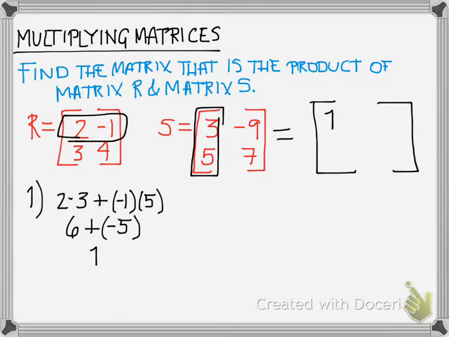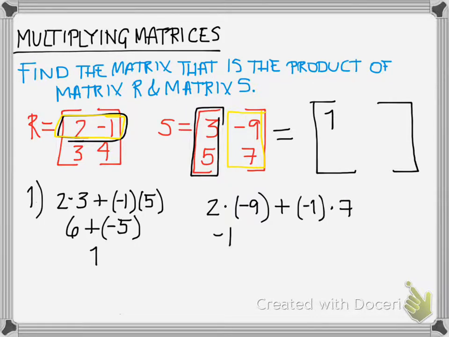Now we need to multiply our first row by our second column. So we have 2, let me change the color, I can't even see that, yellow. So now we've got 2 times -9 plus -1 times 7.